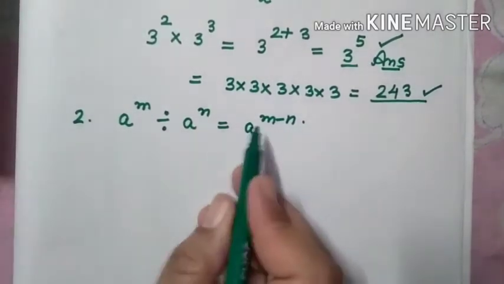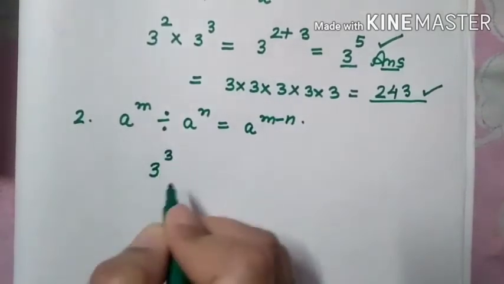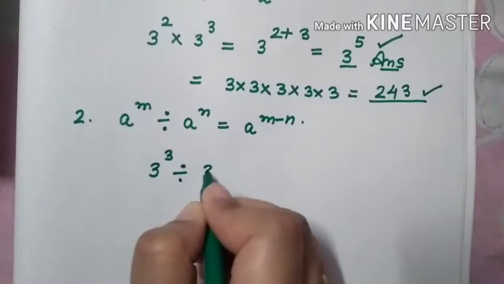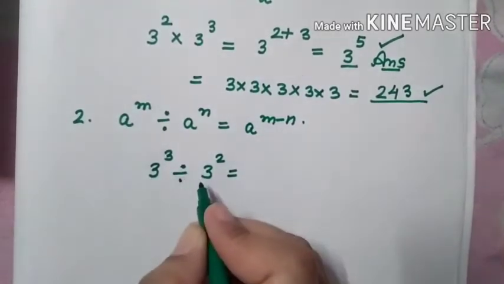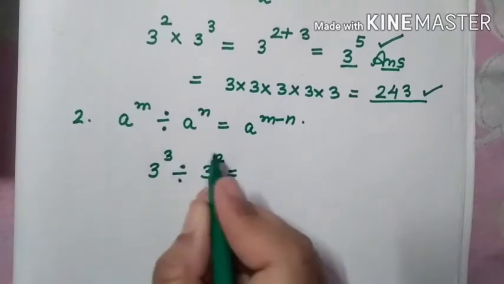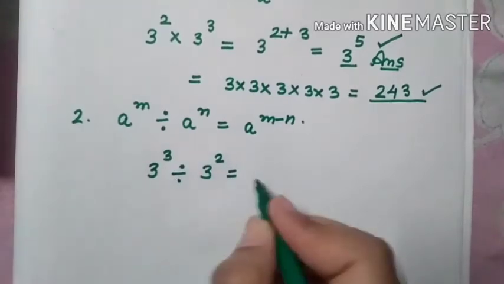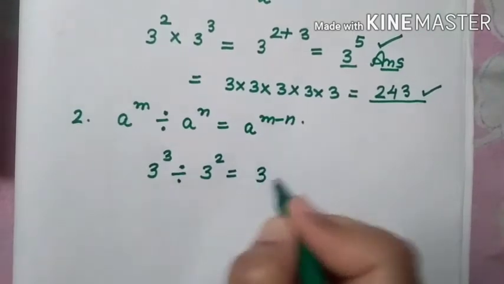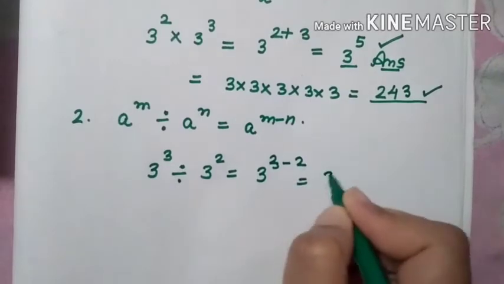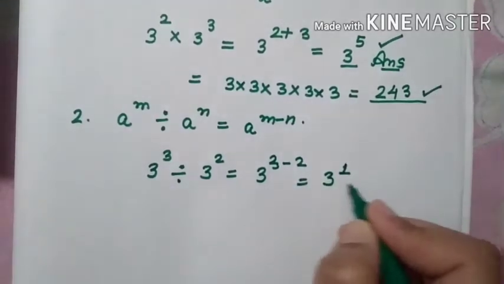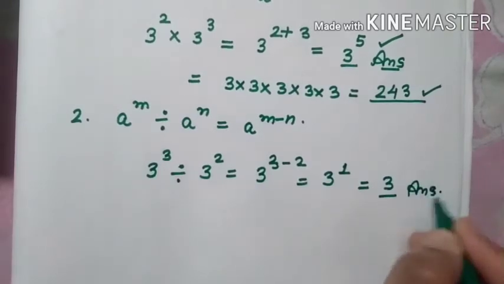By taking one example, I show you 3 raised to the power 3 is divided by 3 raised to the power 2. Our base are same, so we subtract the powers because we have sign of divide. So the answer is 3 raised to the power 3 minus 2, that is 3 raised to the power 1, and 3 raised to the power 1 is 3. This is the answer.